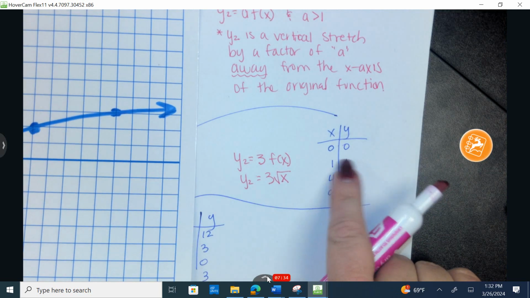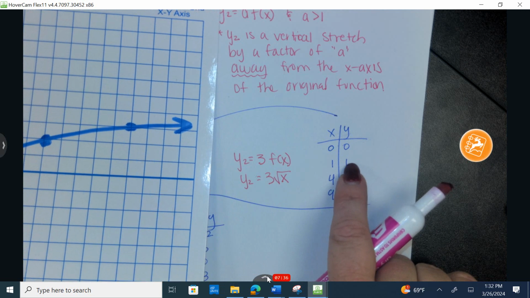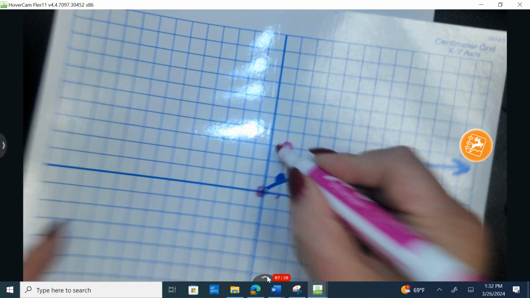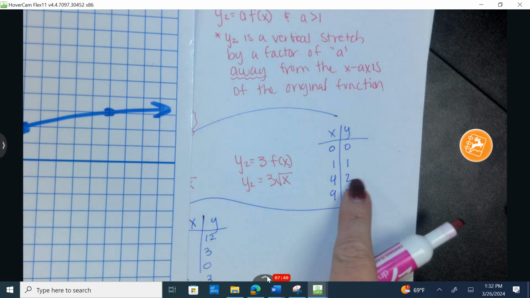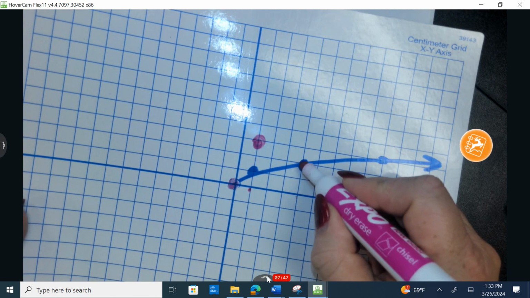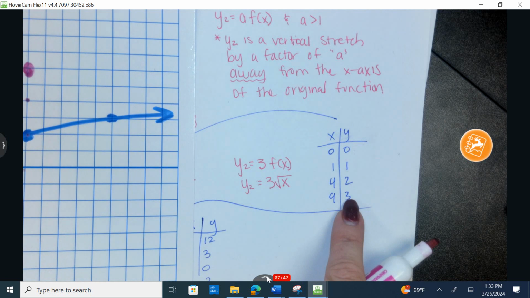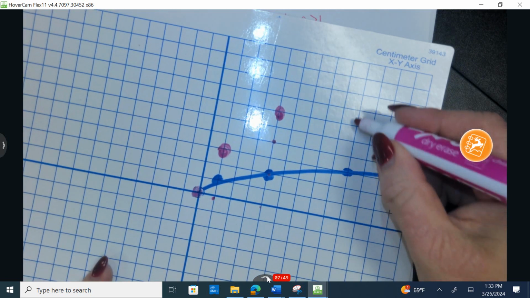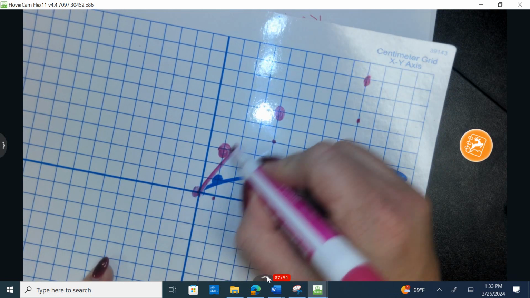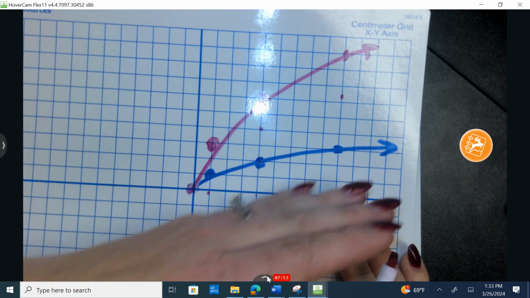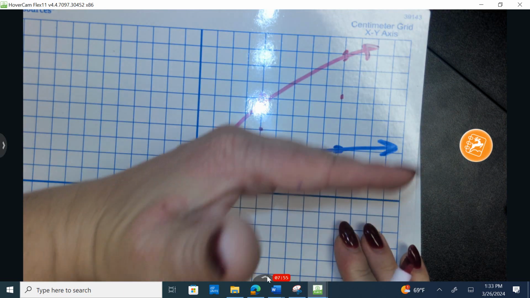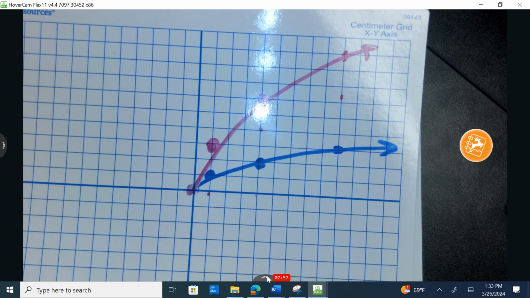Instead of being 1, 1, it's going to be 1, 3, because 1 times 3 is 3. Instead of being 4, 2, 2 times 3 is 6, so 4, 6. And lastly, 9, 3 times 3 is 9, so 9, 9. And this is a great example, again, of being vertically stretched, pulled away from the x-axis.